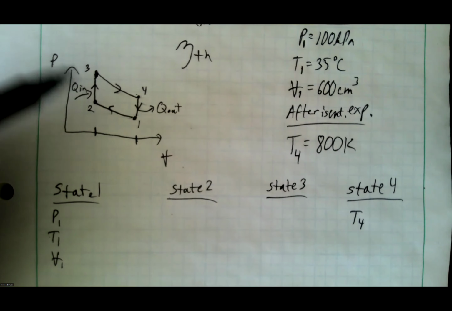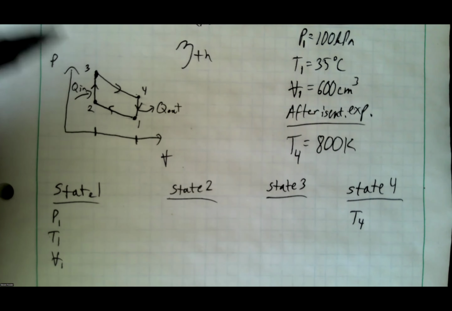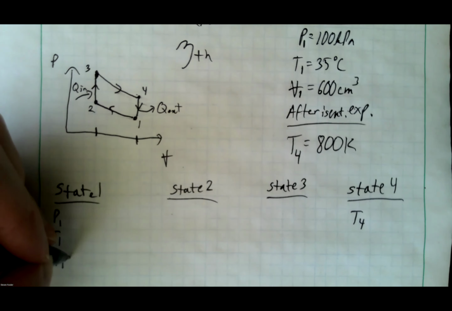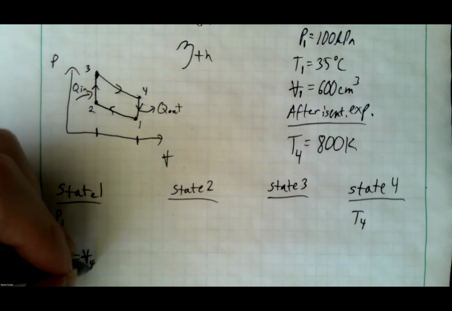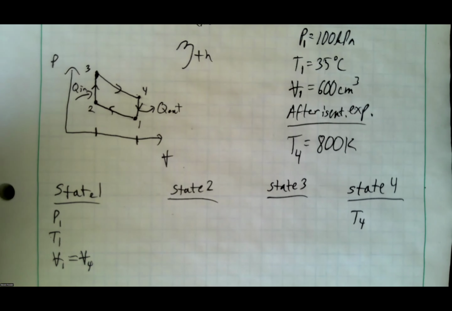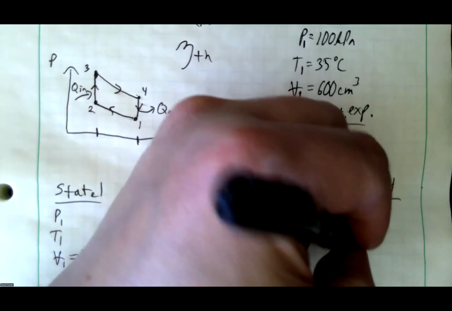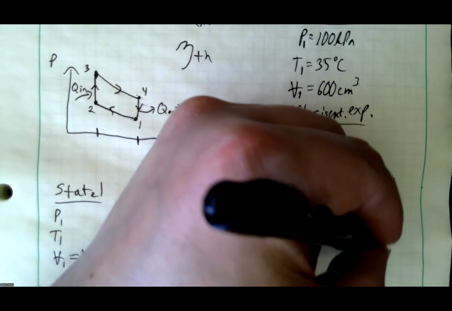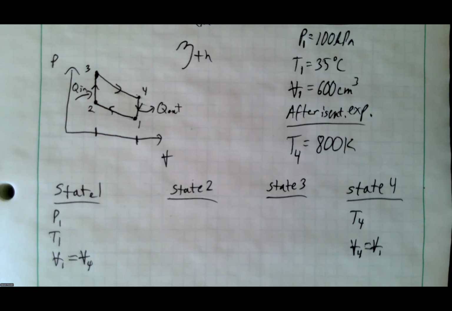And I might motion towards the diagram of the Otto cycle, and somebody might say, aren't the volumes constant at different points? Yeah. V1 is equal to V4, and V4 is equal to V1. And since I know V1, that's a known value, that means it's the same at state 4.